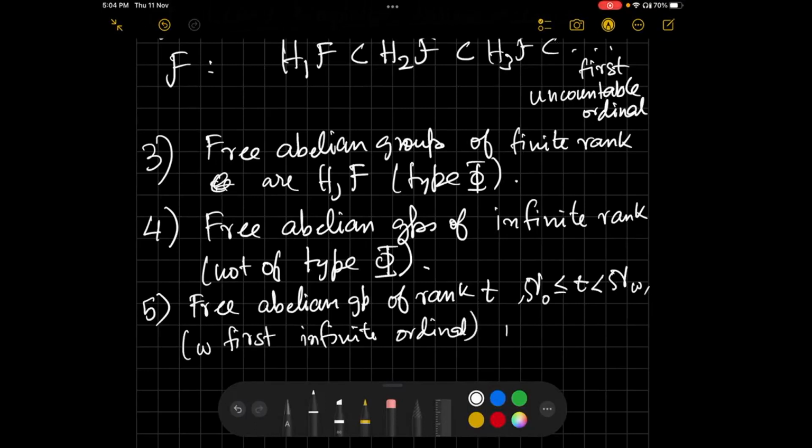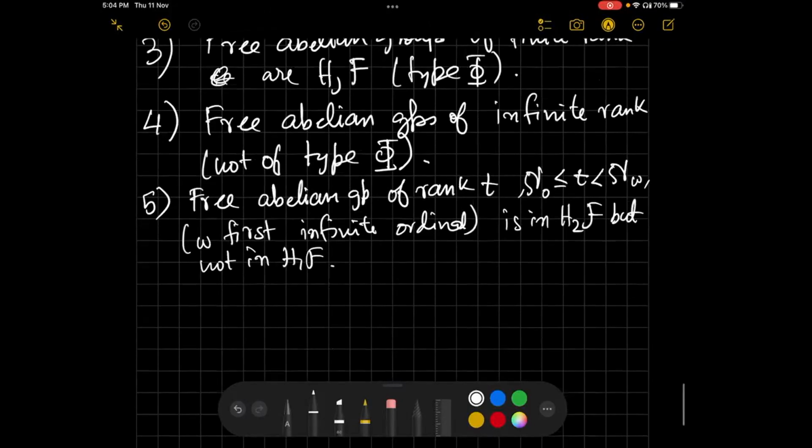So this guy is in H2F, but not in H1F, for example. And there are some other examples of groups that are not in the hierarchy at all.